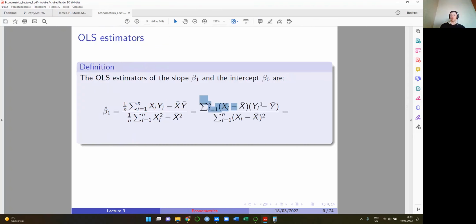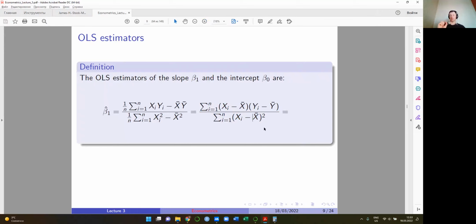In the numerator, we have the part which is related to the sample covariance. Look, this is not sample covariance yet, but this is something similar to sample covariance. What we need to do to get the sample covariance is just divide this by n minus 1. What do we have in the denominator? We have almost sample variance.